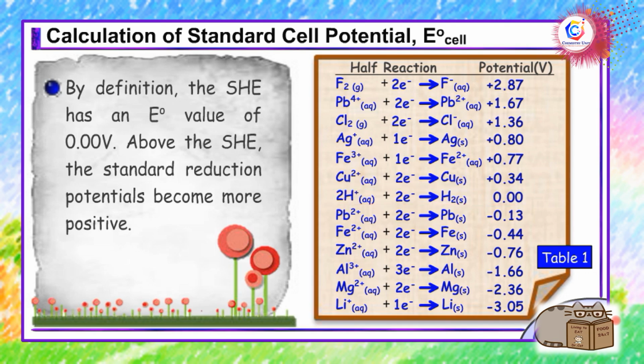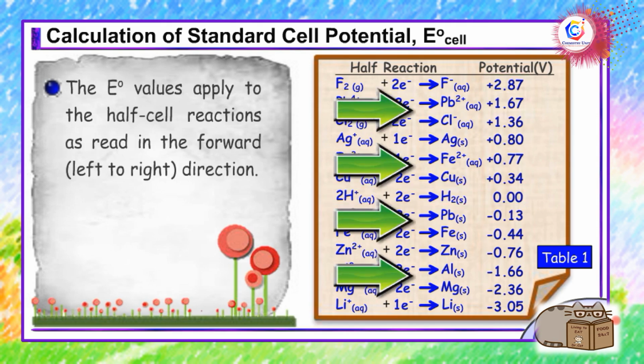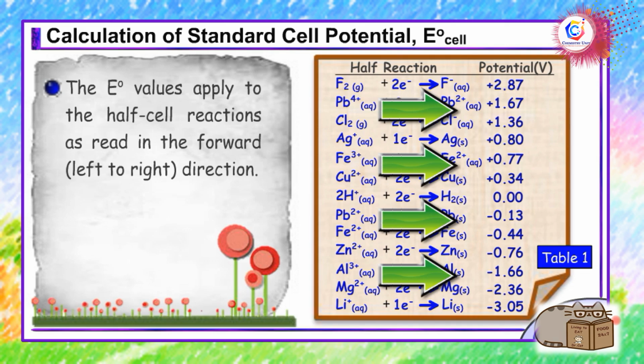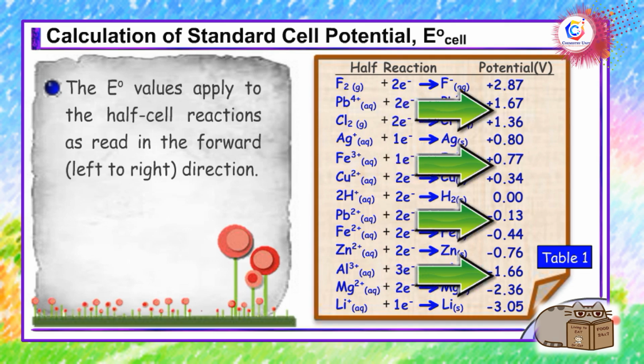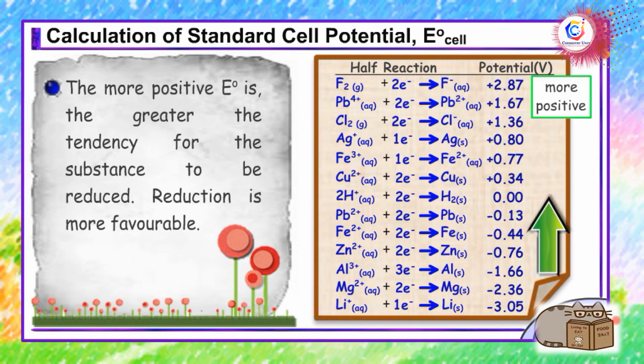By definition, the SHE has an E0 value of 0.00 volt. Above the SHE, the standard reduction potentials become more positive. Below the SHE, the standard reduction potentials become more negative. The E0 values apply to the half-cell reactions as read in the forward direction from left to right.